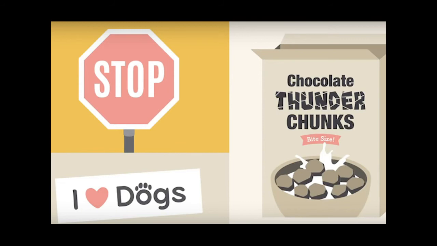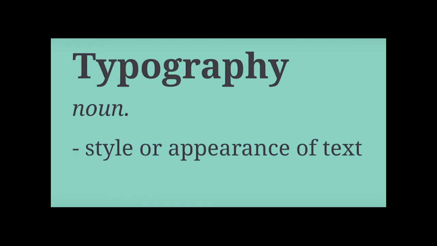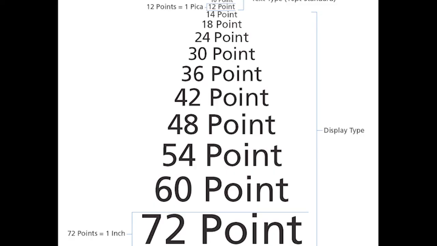Now, when I talk about typography as a term, we just define that as the style or appearance of text. There are a lot of things that can influence typography and how your words might look on a page or in a digital format. One of those things is simply the point size of your text.